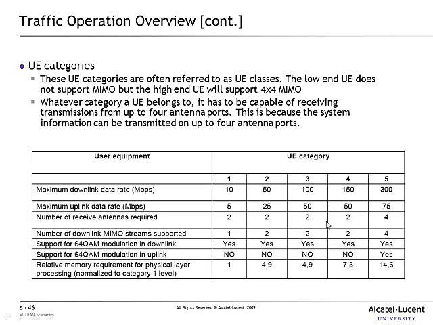Depending on the number of streams that it can support and the number of receive antennas it can have, you can get higher and higher data rates. So it is expected that with UE category 5, you can go up to 300 megabits per second with 4x4 MIMO and so forth.